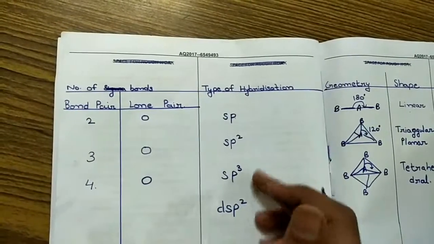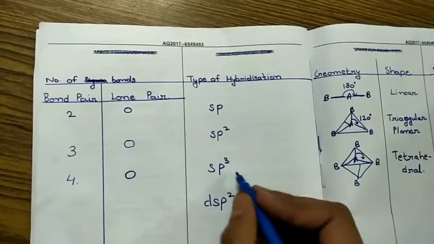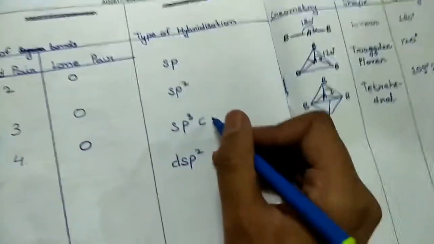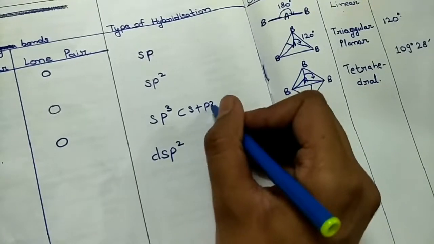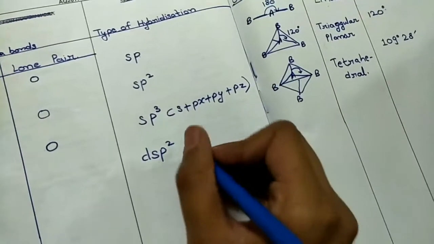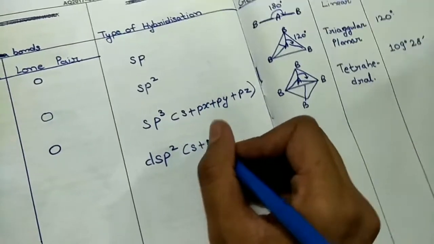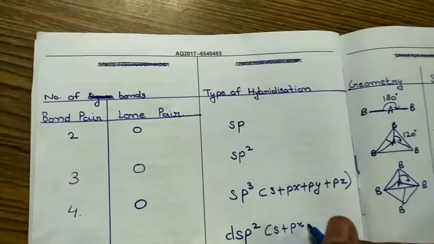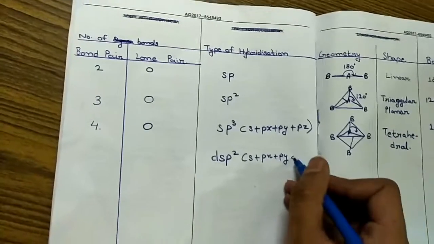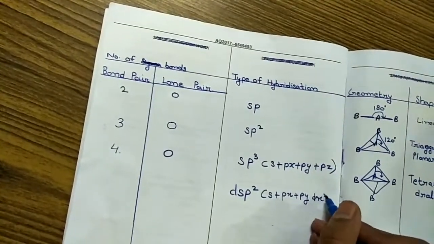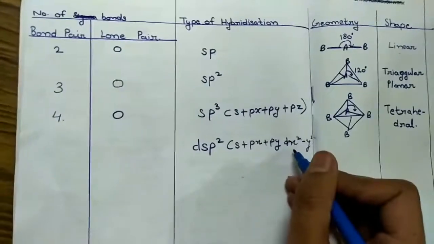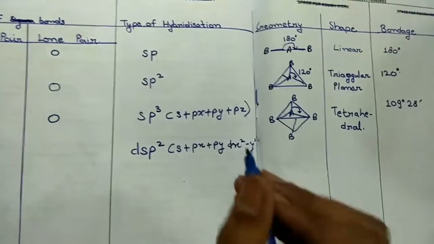The difference between these two hybridizations is in the orbitals used. In sp3 we use s plus px plus py plus pz, but here we use s plus px plus py, and the d orbital which is used is dx square y square. This is not known as dx square minus y square, it is dx square y square.